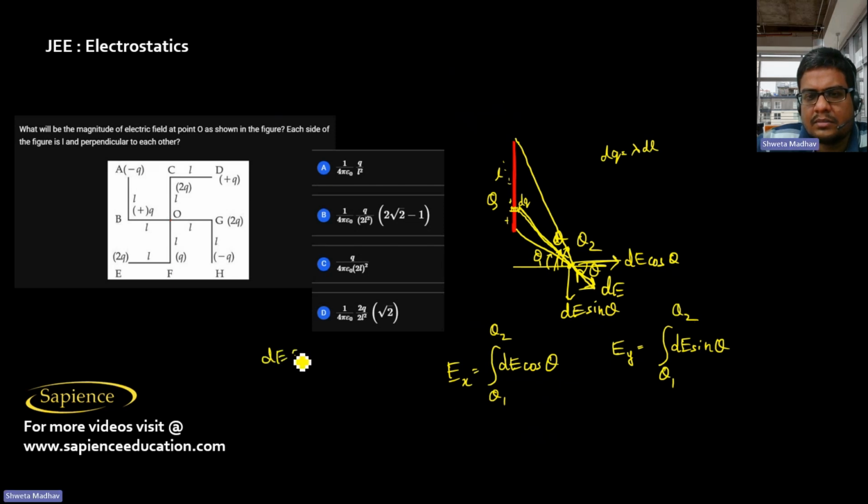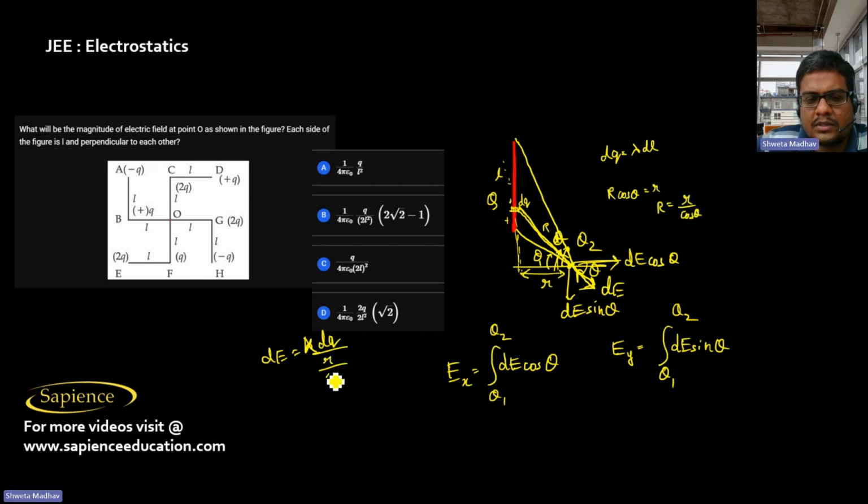And dE, I can say, will be equal to k dq by r square. Suppose this distance is r, and this length is L. If this length is capital R, then r cos theta is equal to R, so r will be equal to R by cos theta.